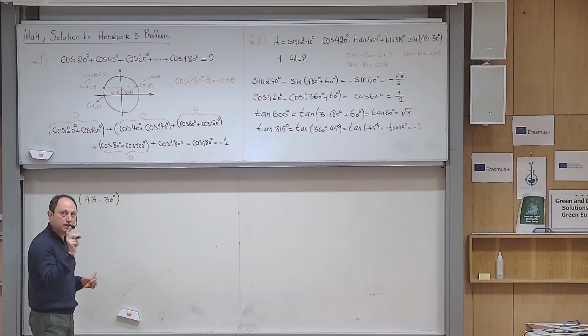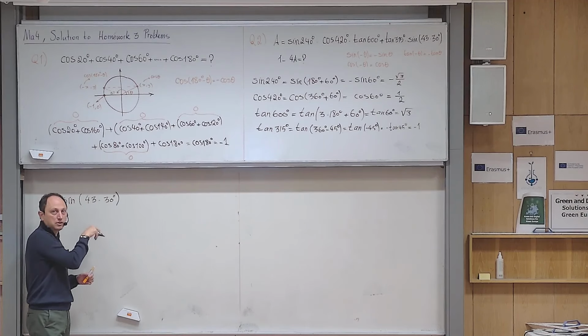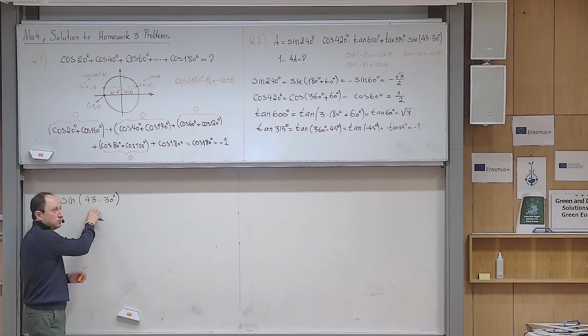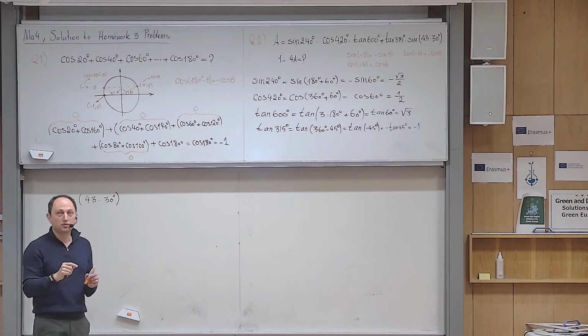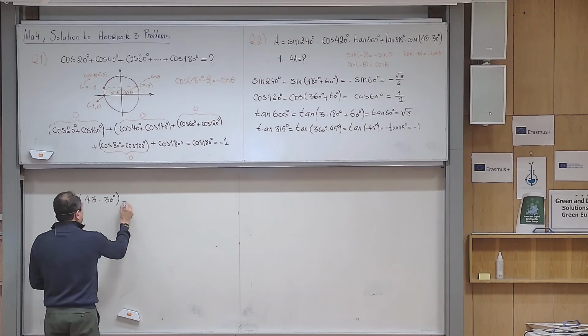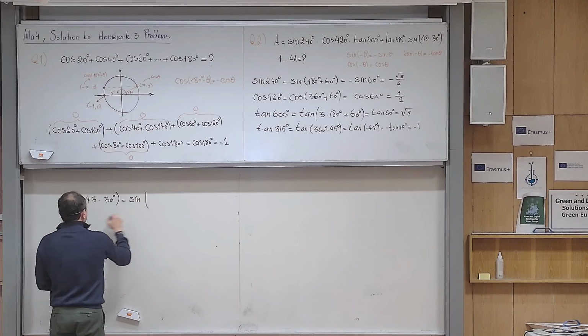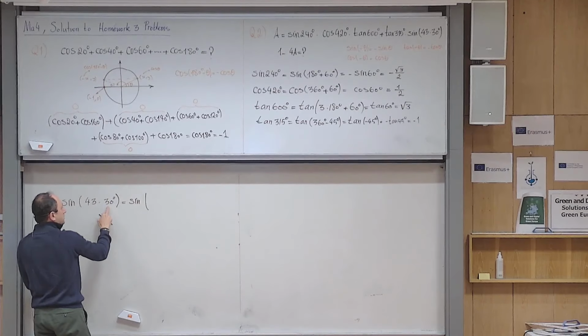So every 12 times 30 degrees is one full round, and that one full round when it comes to sine can be eliminated.